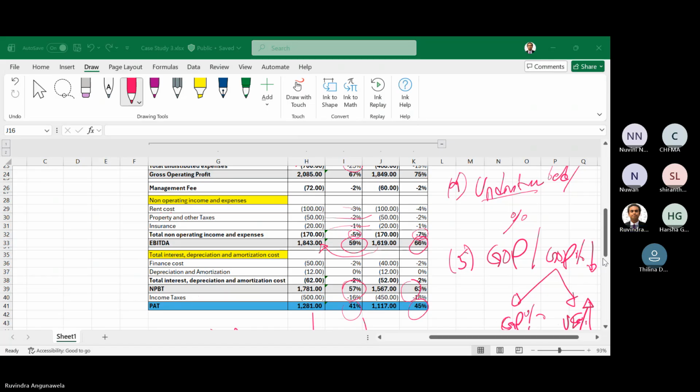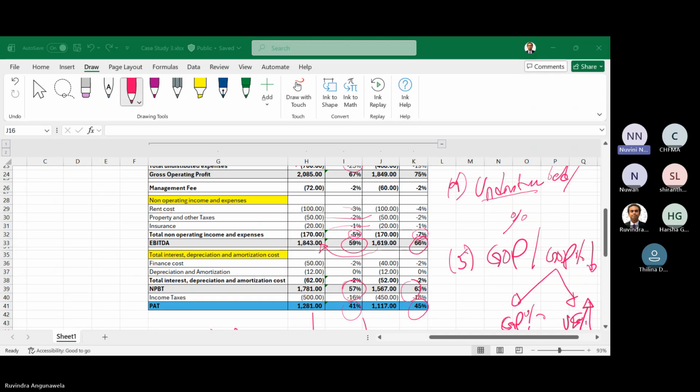EBITDA. Yes. Right. So EBITDA, again, the earnings before interest, tax, depreciation, and amortization. So, do you have any specific question, Nuvini, or do you want an overall explanation? Or do you have any specific confusion?